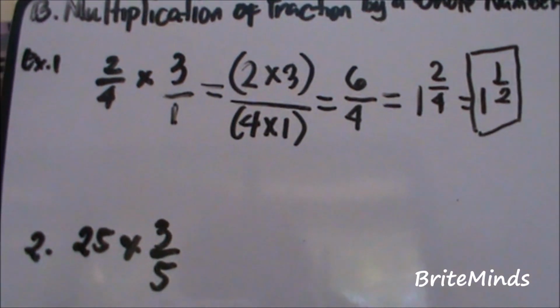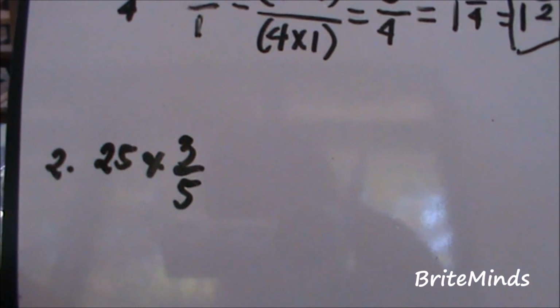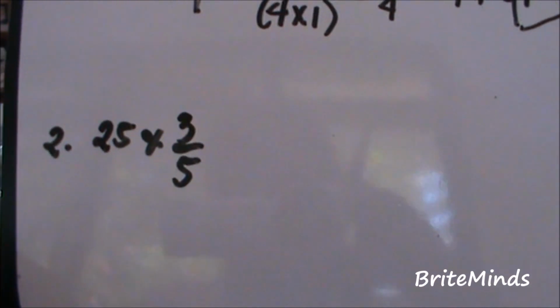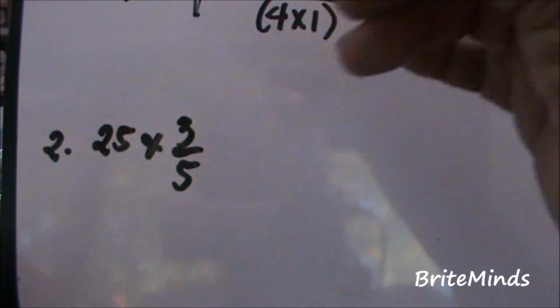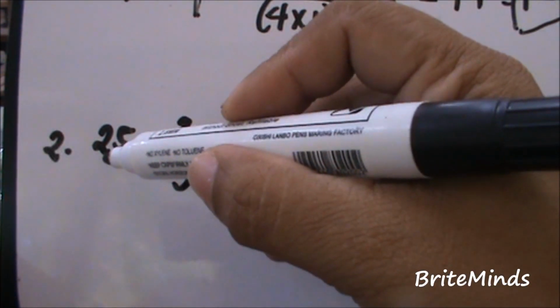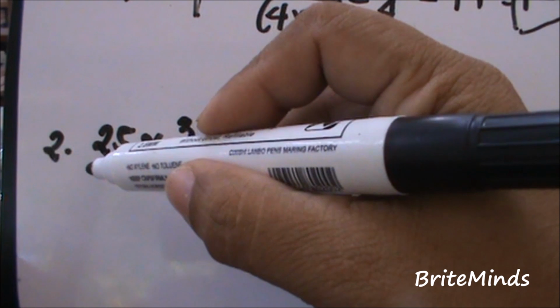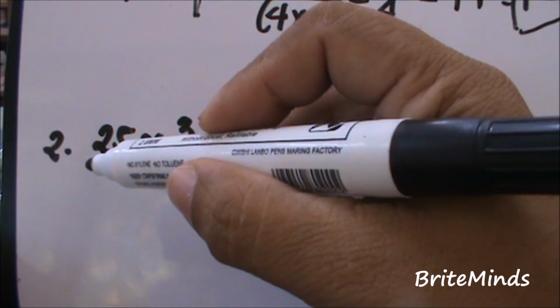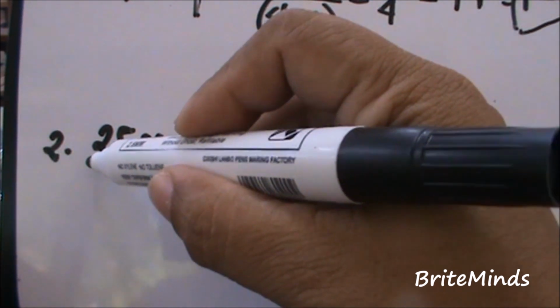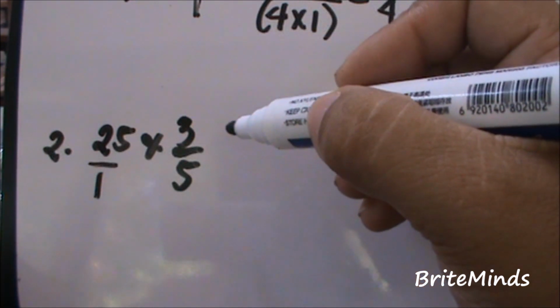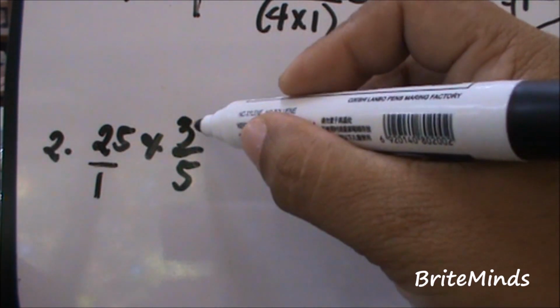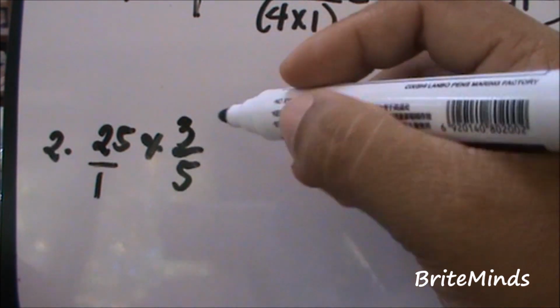Another example. 25 times 3/5. We have a whole number here, which is 25. We can express it as a fraction with a denominator of 1. Then proceed to multiplication of the numerators and the denominators.